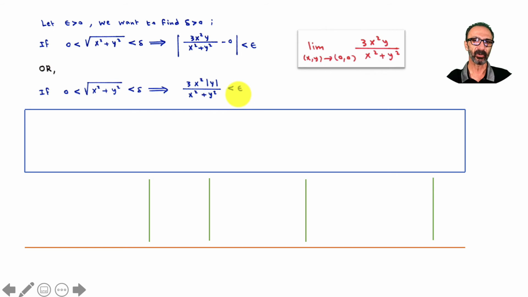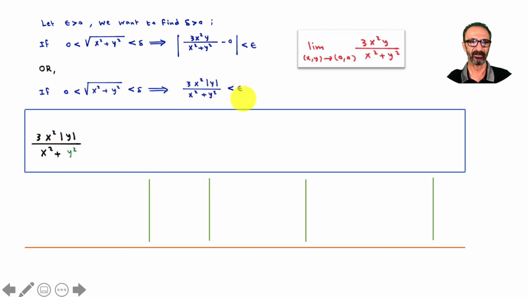So epsilon is given to me. This package is less than epsilon. We're trying to find delta that talks to these guys. It's a radius. Here we go.